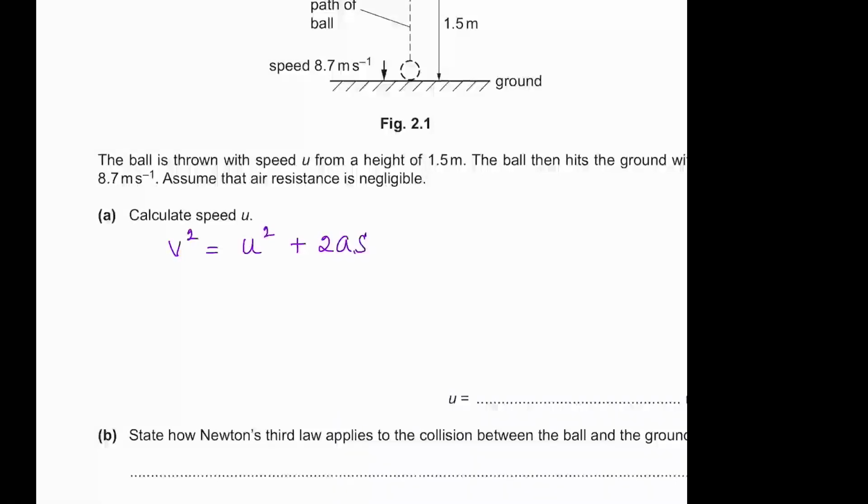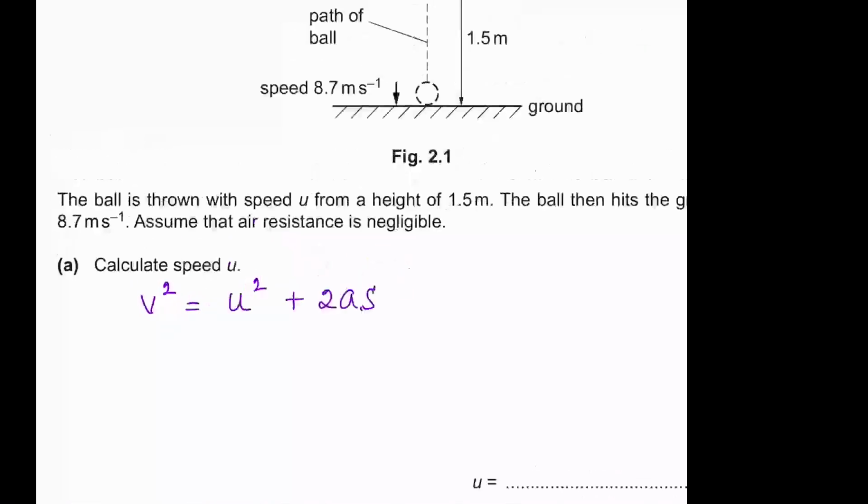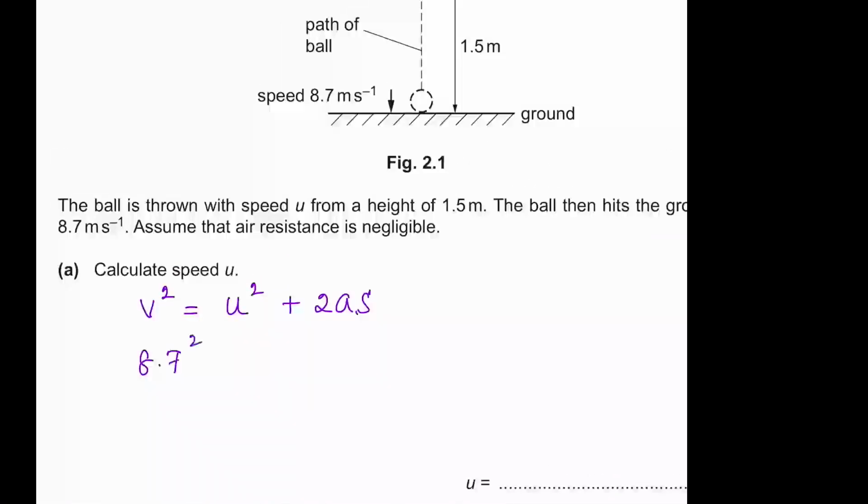am I right? v squared equals u squared plus 2as. So the final speed v is 8.7, so that squared is equal to u squared, which is what I want, plus 2 into a, which is 9.81, into s, which is 1.5.